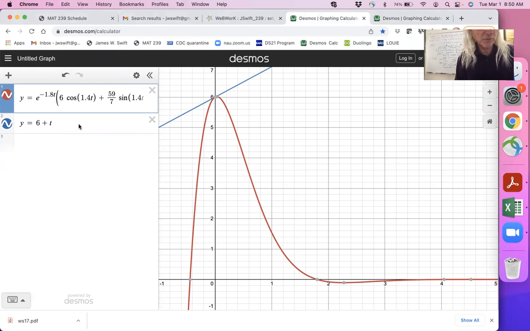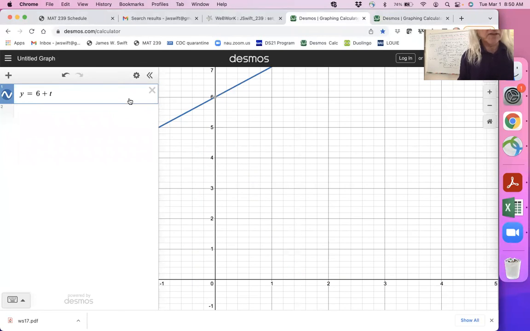Let's see if we can barely see it here. e to the minus 1.8 t, good, times 6 cos 1.4 t plus 59/7 sine, and then the rest of that. Oh well, it's gone. But anyway, that's the right answer. I've already done it before and checked it. All right, see you.